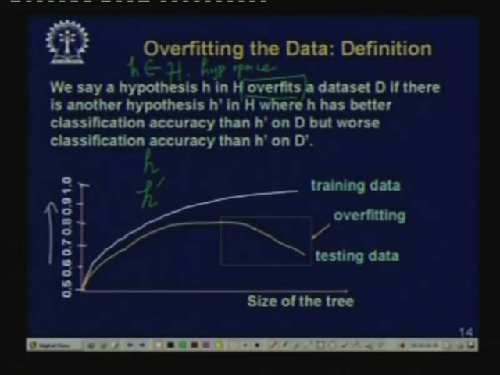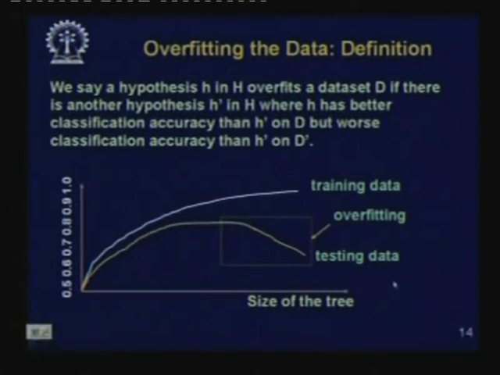Now, we see that the accuracy on the training set keeps going up as the size of the tree increases, but the accuracy on the test data initially goes up and then it goes down. So, this illustrates the phenomenon of overfitting. Beyond this point, the decision tree has tried to overfit the data.